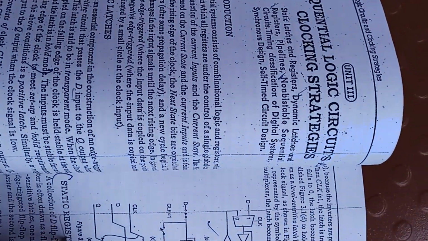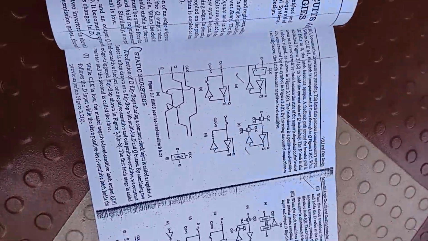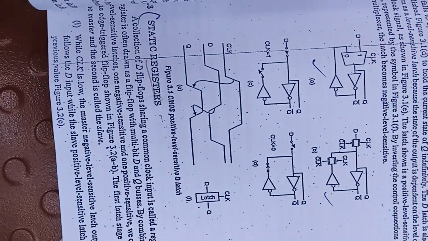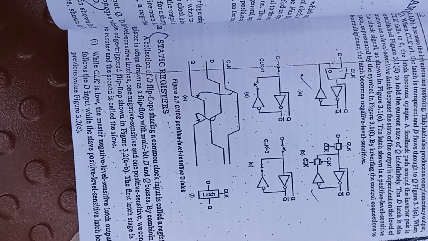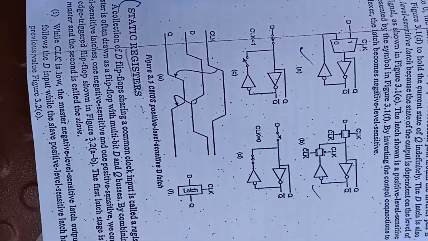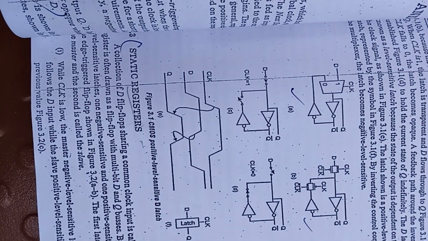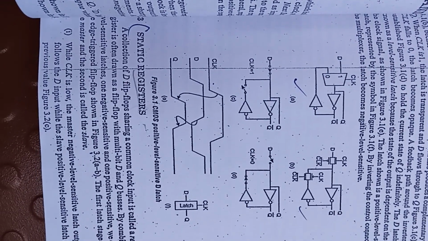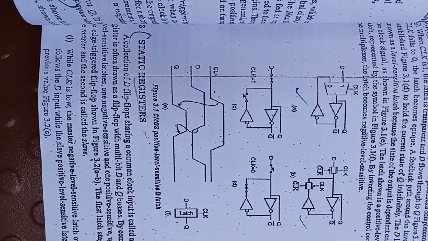A single flip-flop is a single storage memory element. It can store only one bit of information. A register is a collection of flip-flops, where it can store more bits of information depending upon the number of flip-flops used. If you are using three flip-flops, it can store 3 bits at a time.